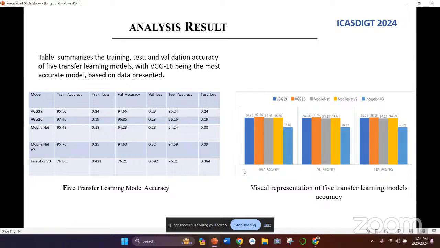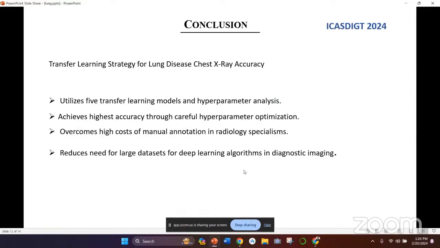This table summarizes the train, test, and validation accuracy of five learning models, with VGG16 the best accuracy model based on data presentation. Conclusion: transfer learning is tested for lung disease chest X-ray accuracy.